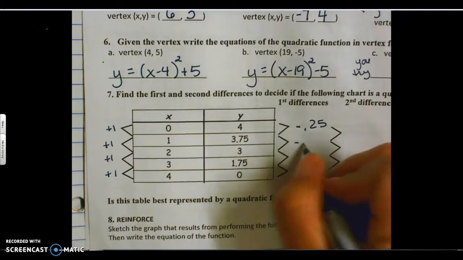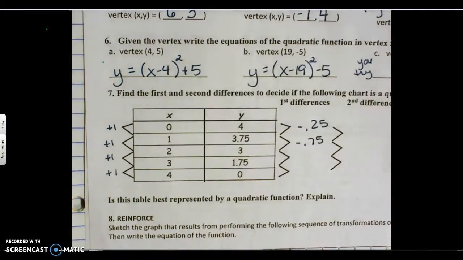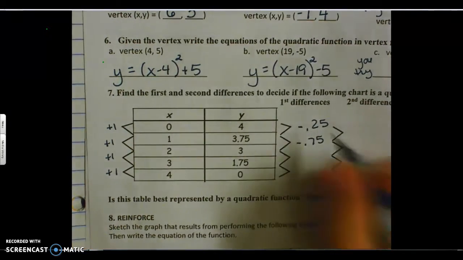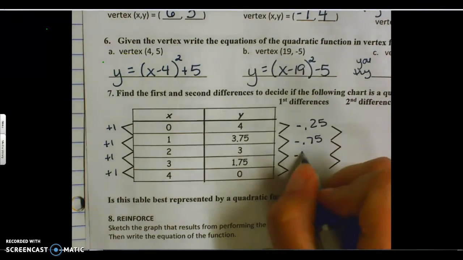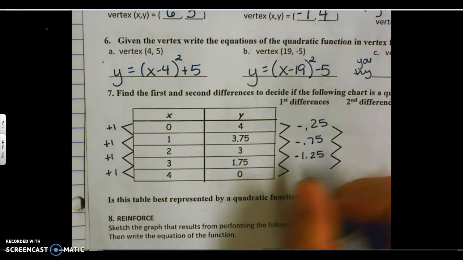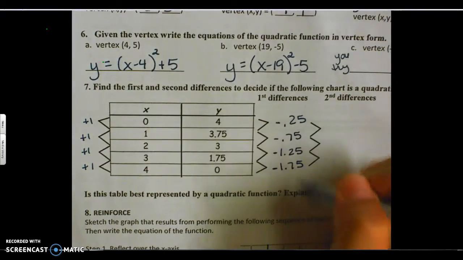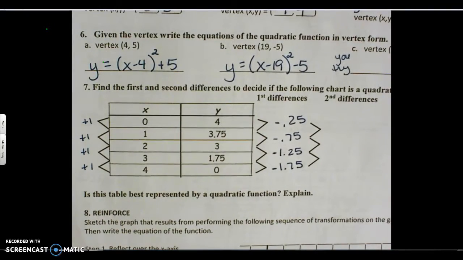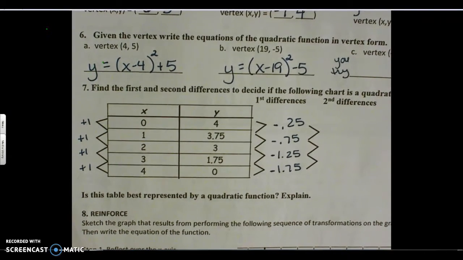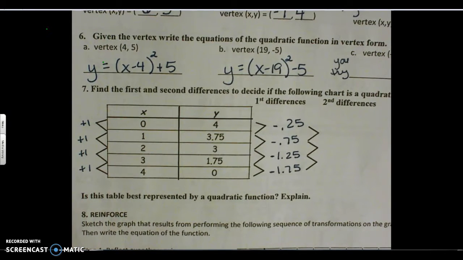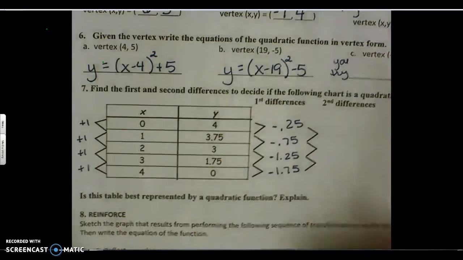This is 0.75. 3 minus 1.75 is 1.25, and this is 1.75, because we are going down every single time. Now we're going to subtract these again. So 0.75 minus 0.25.